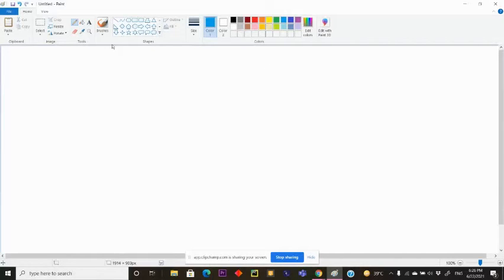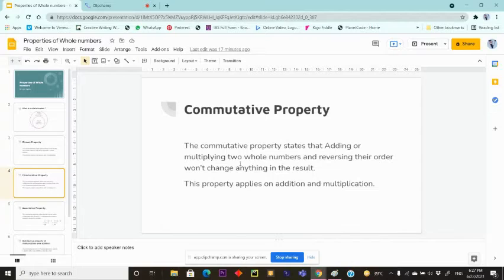Now we were talking about the commutative property. So let's just read the commutative property again. The commutative property states that adding or multiplying two whole numbers and reversing their order won't change anything in the result. Let's first write a simple thing. A into B, this is multiplication, by the way. Let's say A plus B, addition.